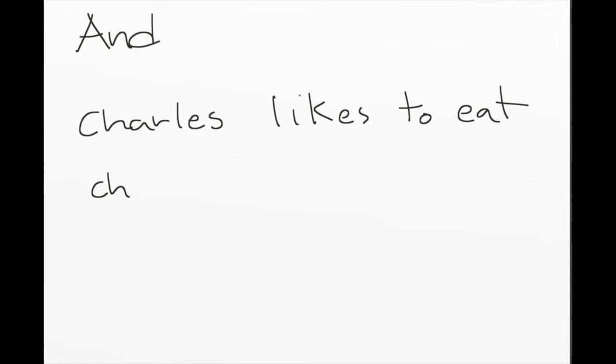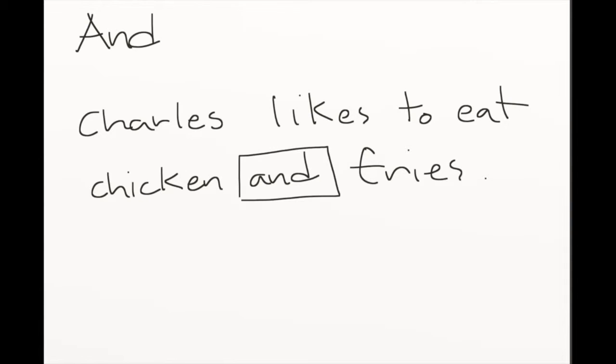So let's try another example with and. Charles likes to eat chicken and fries, period. Okay, so this is an example where we just have one sentence and we're using the conjunction and.